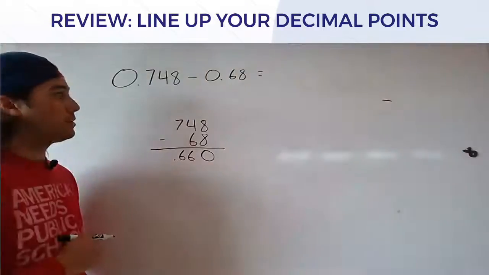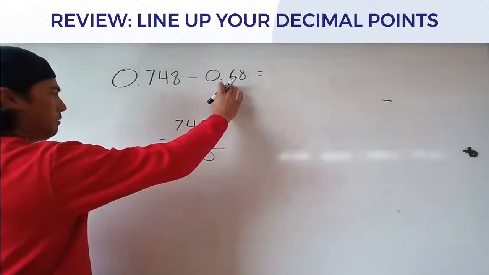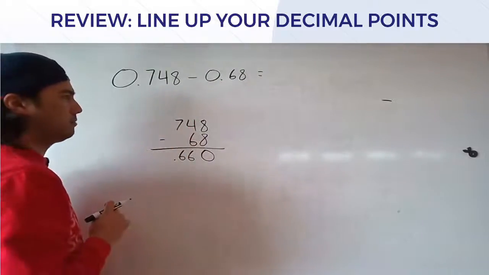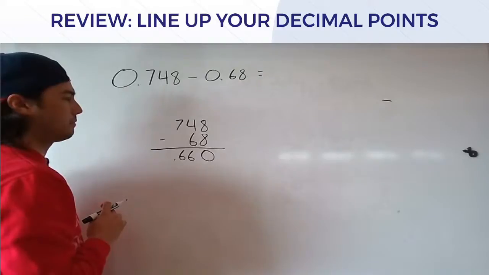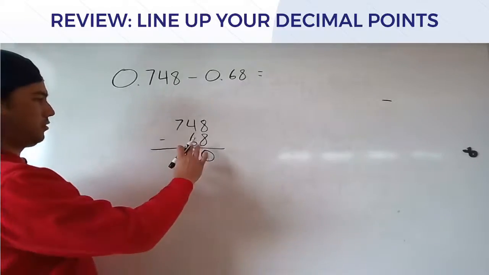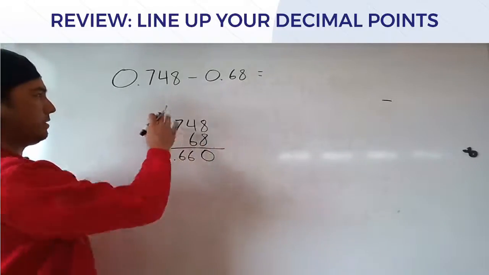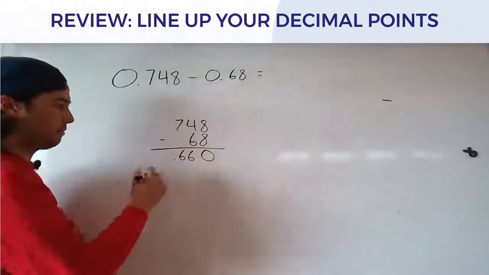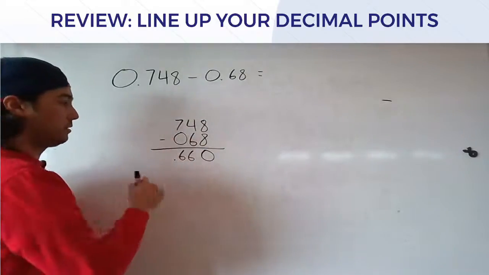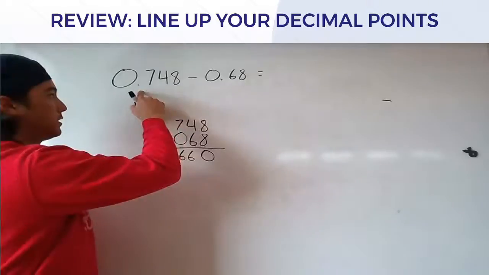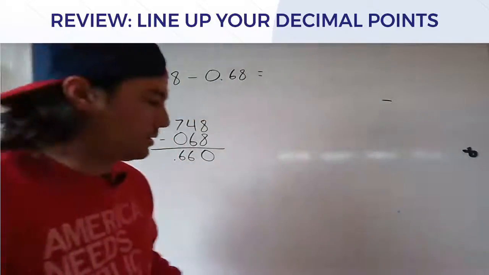Okay. The problem here is you don't have the same value when you end up doing it that way. Because essentially what you're doing is you're saying 748 thousandths minus 68 thousandths. You're putting the 0 here, when in fact, because of our decimal point, our 0 goes in a different spot.